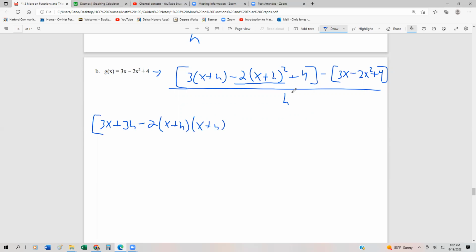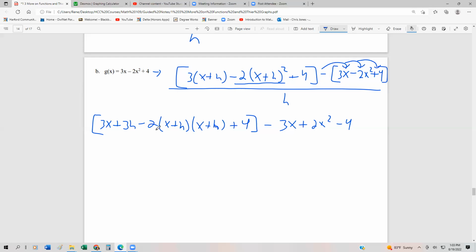Remember, whenever we square a binomial, we write it next to itself. And then we still have that 4 that's lingering there. And then I'm also going to distribute the negative to all 3 of the terms inside the second bracket. So this is going to be minus 3x plus 2x squared minus 4.